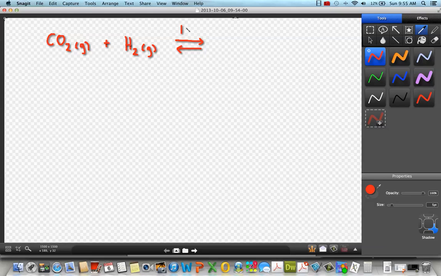We know the equilibrium constant Kc is equal to 5.04, and we are producing CO gas and we are producing H2O gas.